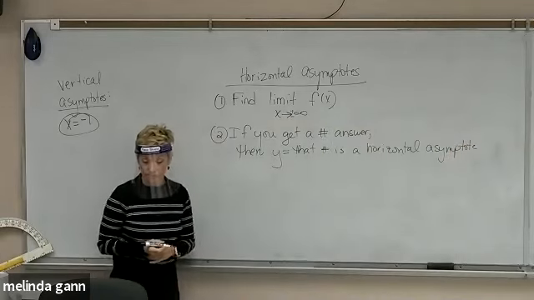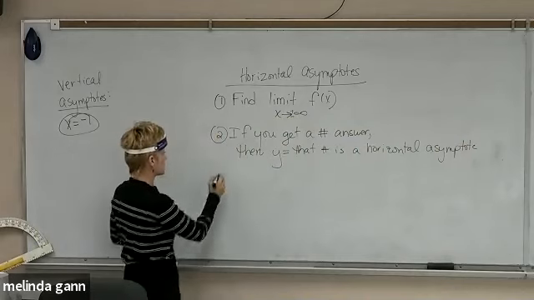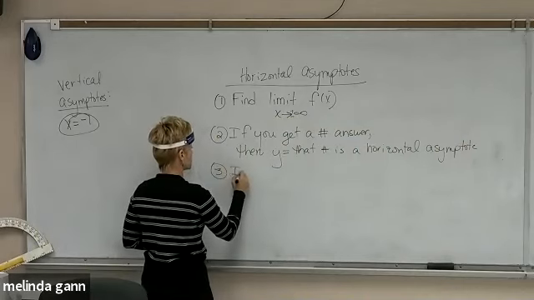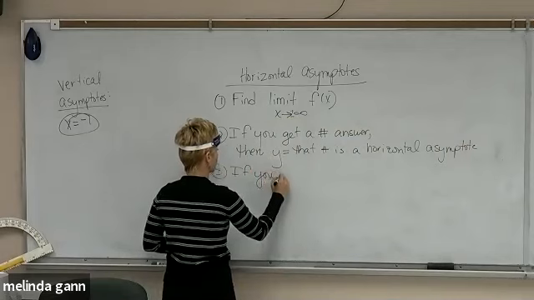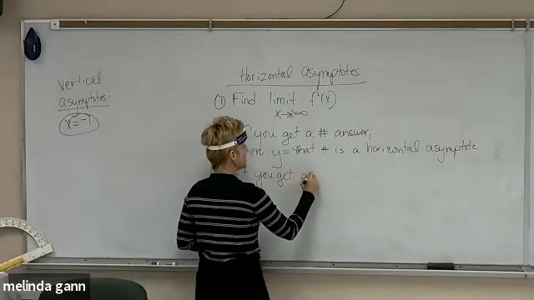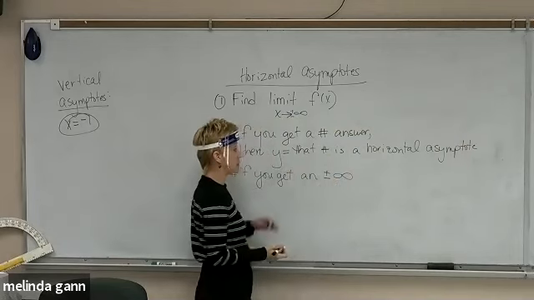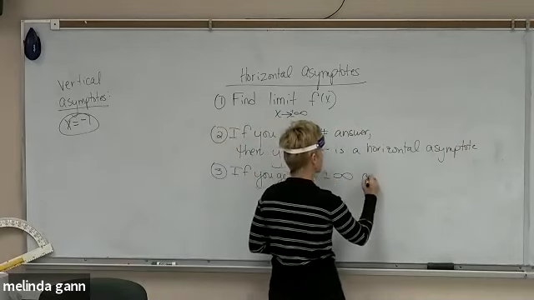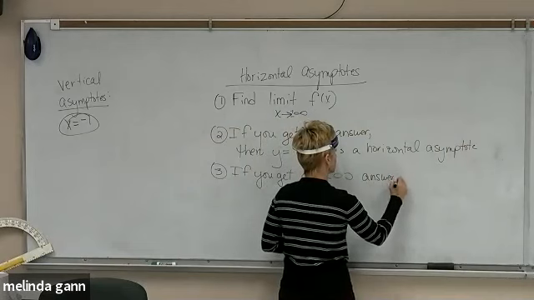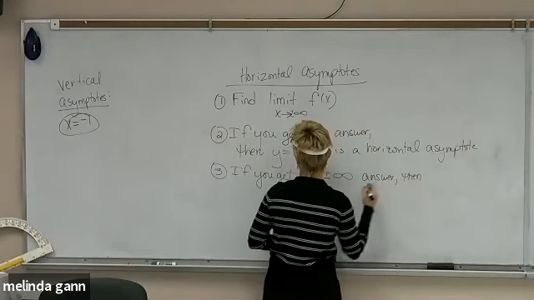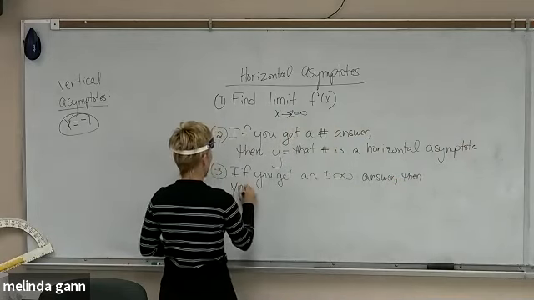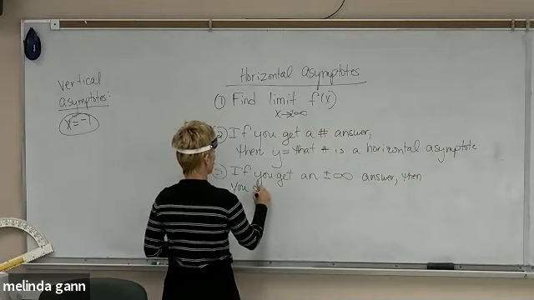Okay. If you get an infinity, like a positive infinity or negative infinity, if you get any kind of infinity answer, then you do not have a horizontal asymptote.